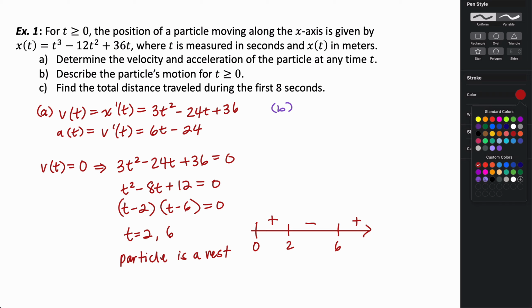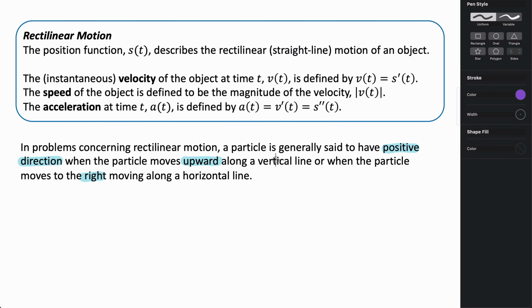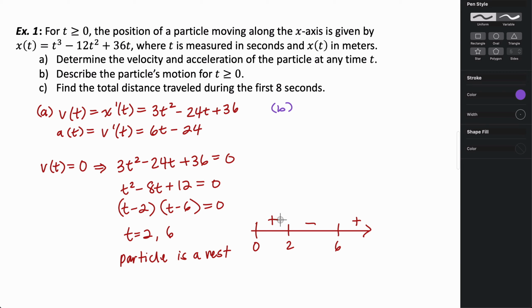So what does this tell me? We know that the particle is at rest at 2 and 6 seconds. Remember, a positive value means it's moving upward or right. In this case, since we're moving along the x-axis, we're moving right on the interval from 0 to 2, and then for t greater than 6. Let's write it this way.